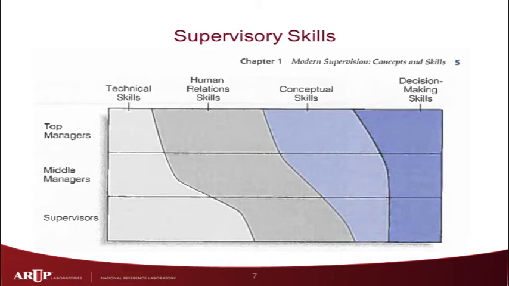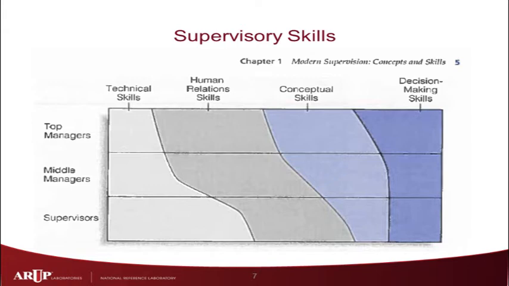When we look at human relations skills, really it doesn't matter at what level you are in the organization. Human relations skills are important whether you're a leader or simply an individual contributor. It can make or break the success of a department.